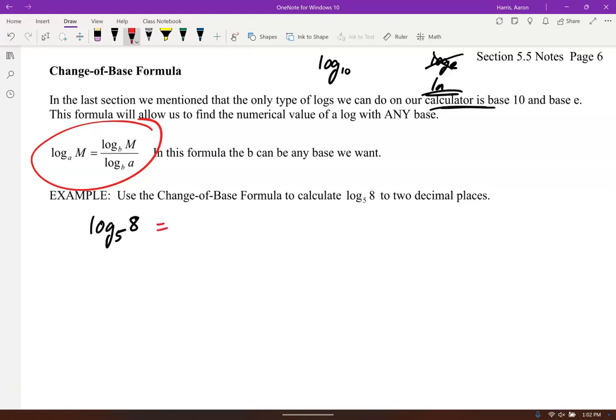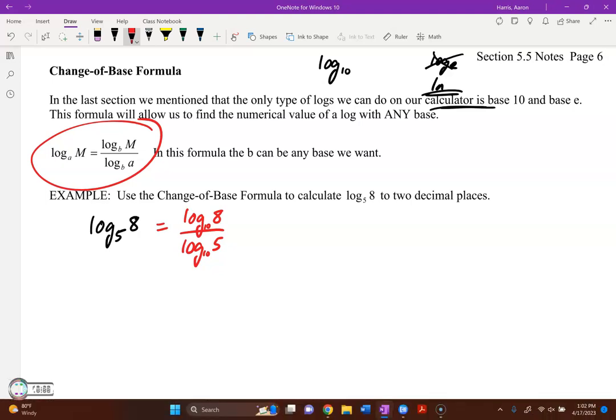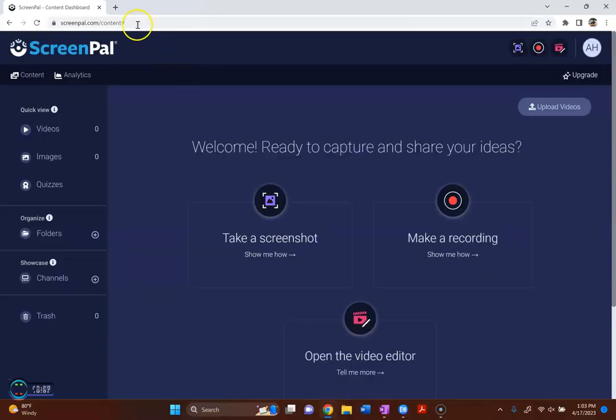According to the formula, this is the log of 8 over the log of 5. In other words, log base 10 of 8 over log base 10 of 5. And then we can just punch it into our calculator. Let's pull up Desmos and punch in log of 8 divided by log of 5.